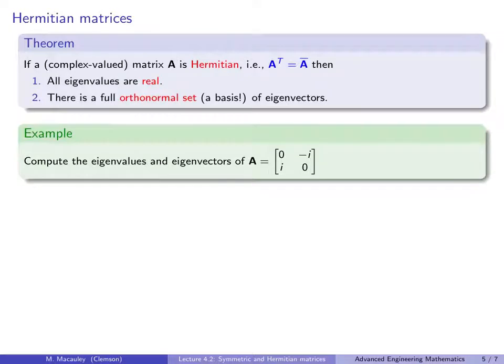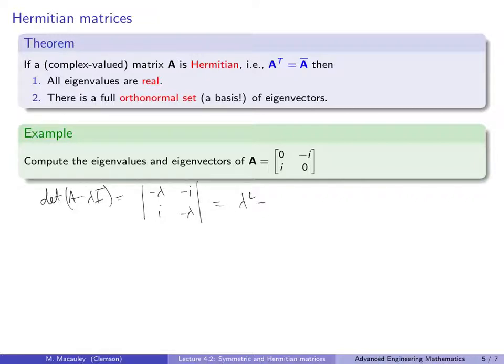Let's do a quick example. Compute the eigenvalues and eigenvectors of this matrix: 0, negative i, i, 0. So this is Hermitian. If we compute the determinant of A minus lambda I, we get negative lambda, negative i, i, and negative lambda. So this is lambda squared minus i times negative i.